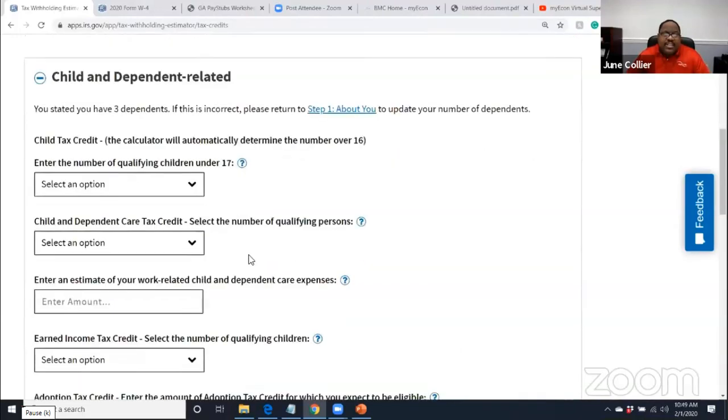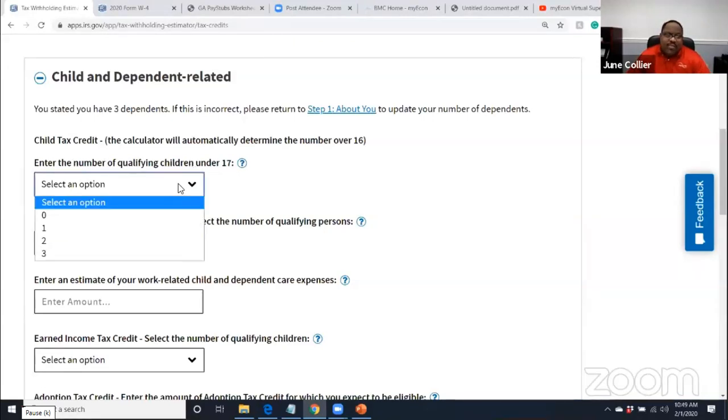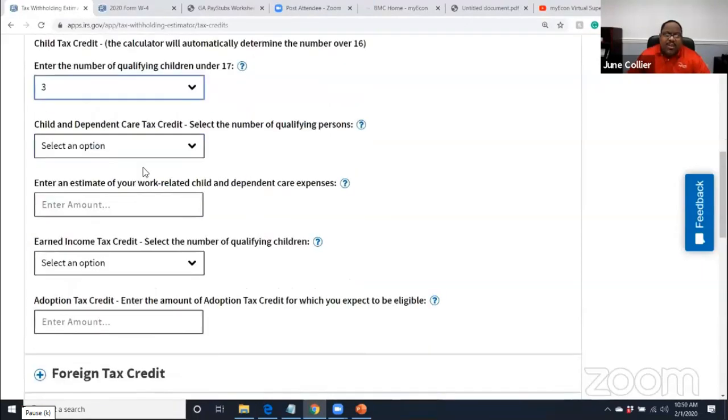And it's going to say child and dependent related. You stated that you have 3 dependents. If this is incorrect, please return to step 1 and update the number of dependents. Enter the number of qualifying children under 17. Well, I told you we had 2, 4, and 6. So we've got 3 children under 17. Child and dependent care tax credit.